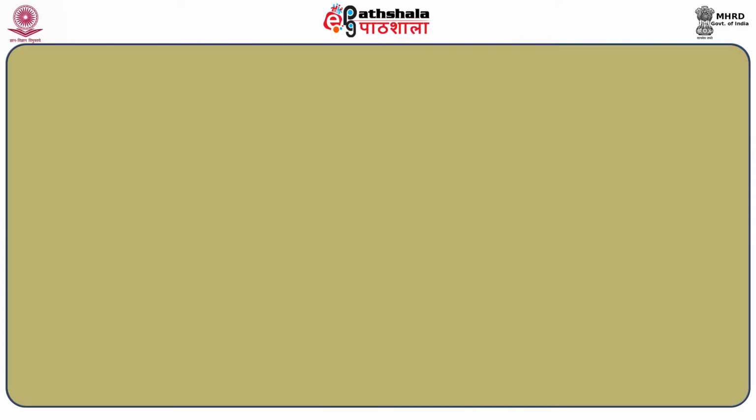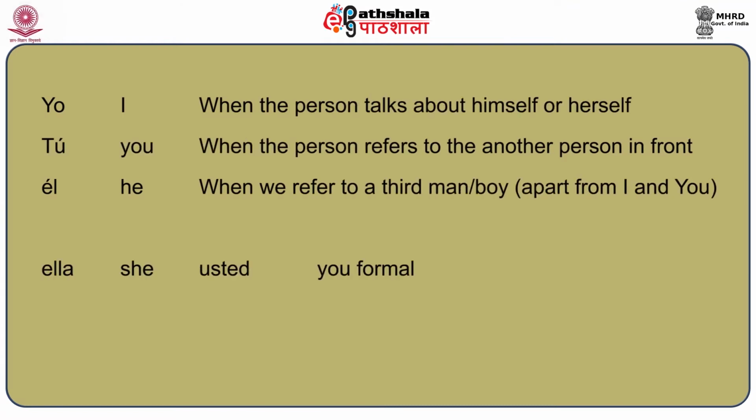So before that, let's quickly revise the use of the personal pronouns in Spanish. When I say yo, meaning I, it means that the person is talking about himself or herself. When we say you, in Spanish it is tú, it refers to the person in front.